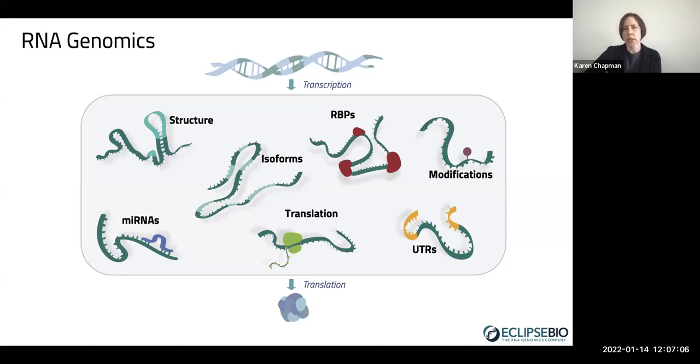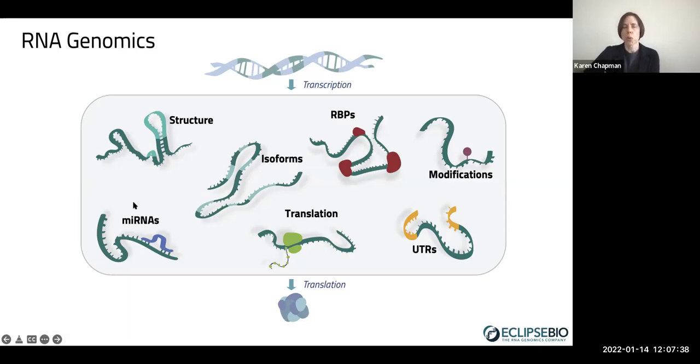So obviously, accessibility to binding with RBPs and microRNAs, and also it's a point of regulation for modulation by therapeutics. So small molecule therapeutics binding various structural motifs. This is a burgeoning area of research. So I'm going to be talking about an NGS-based methodology to look at RNA structure.